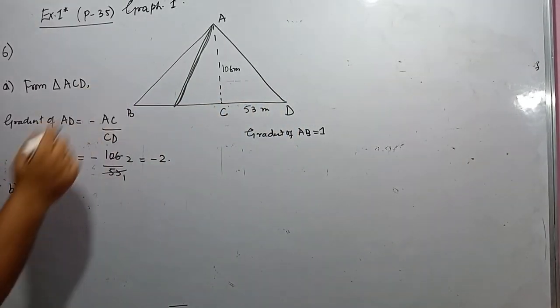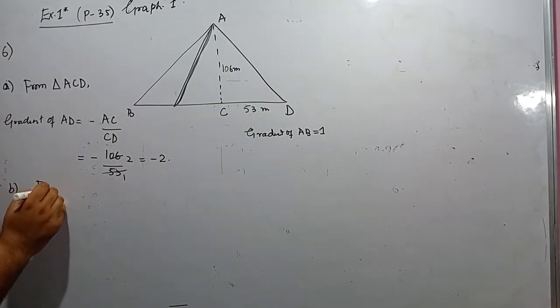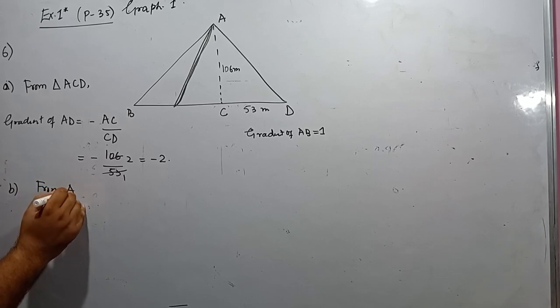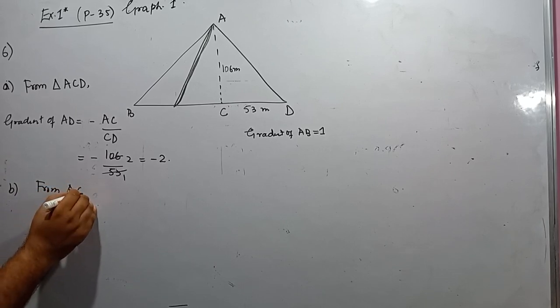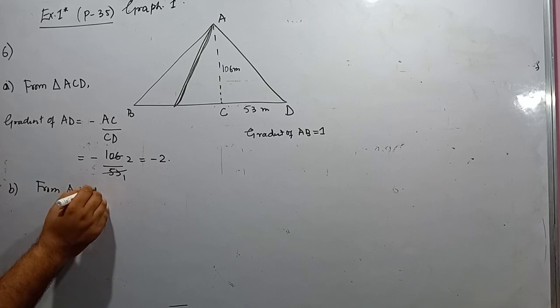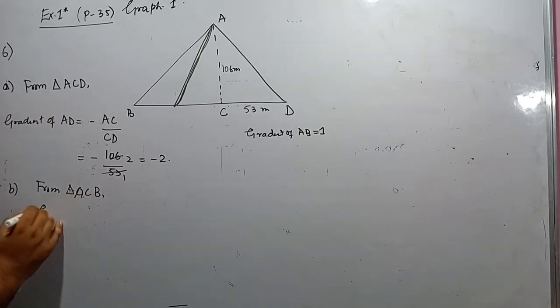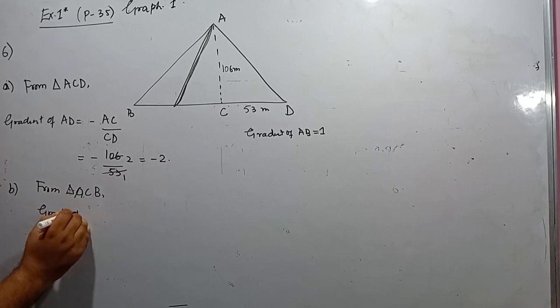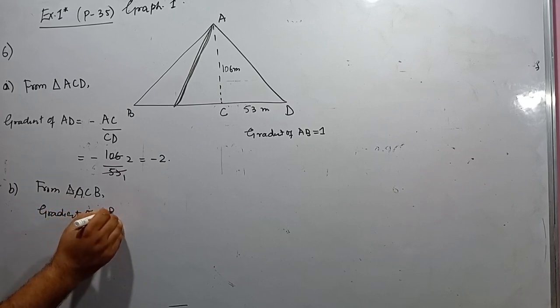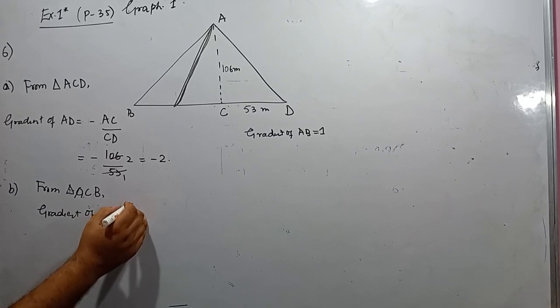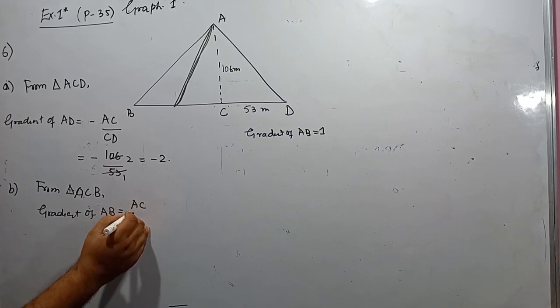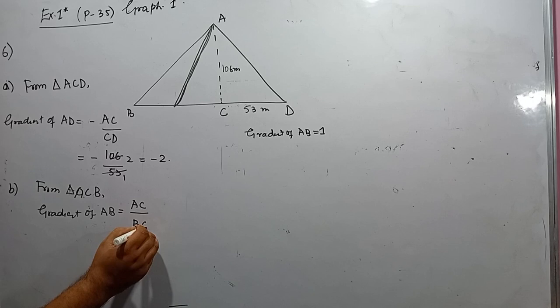Now I will take the triangle A, C, B. I can write the gradient of AB is equal to AC, that's rise, divided by run, divided by BC.